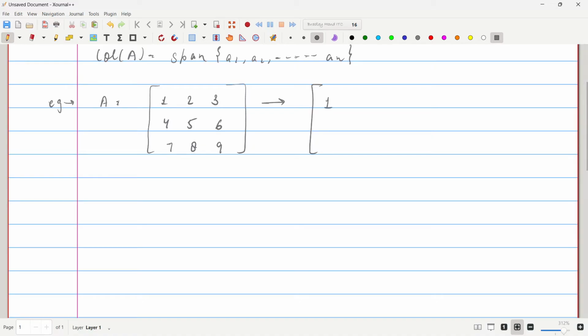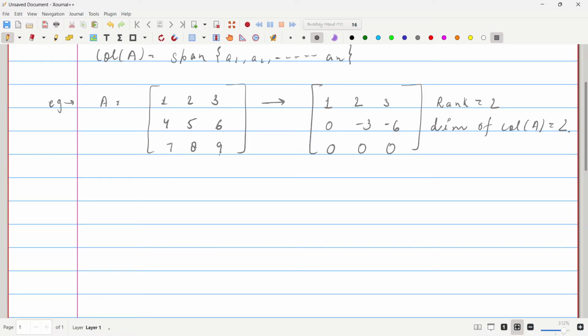The REF form is 1, 2, 3, 0, minus 3, minus 6, 0, 0, 0. We can see that the rank of the matrix is 2. How can we find the rank? The rank is the number of non-zero rows. So if the rank is 2, then the dimension of the column space of A will also be 2.